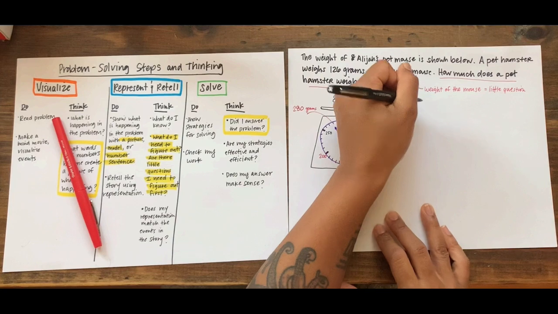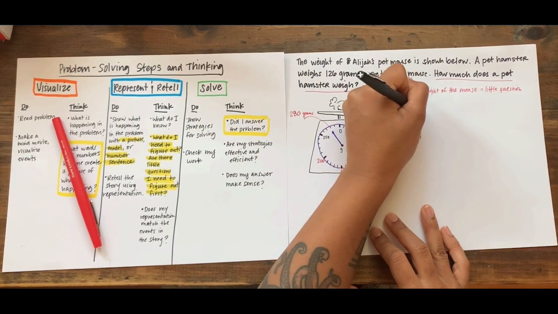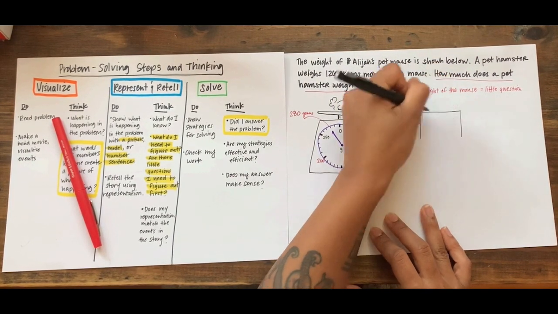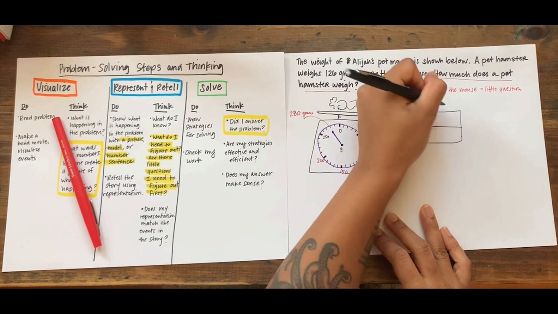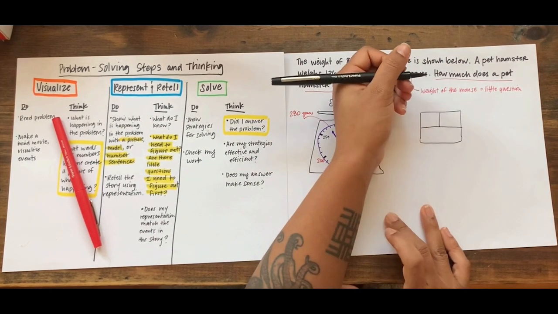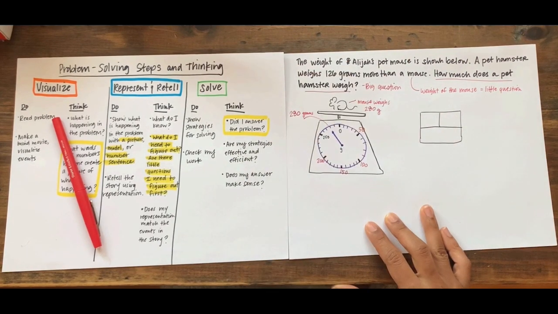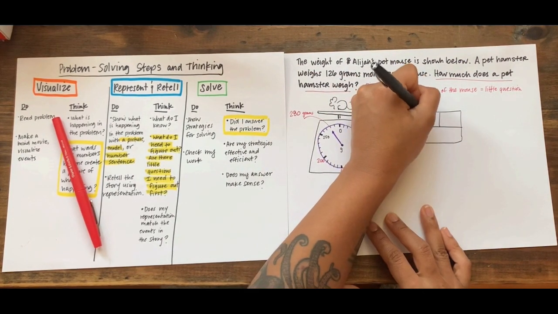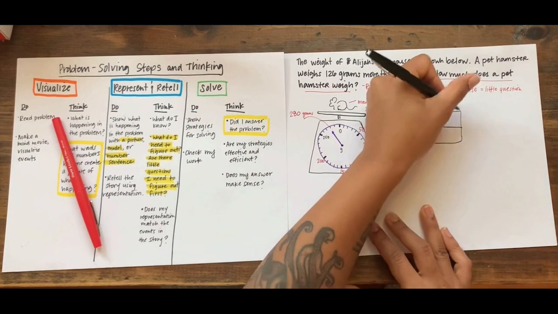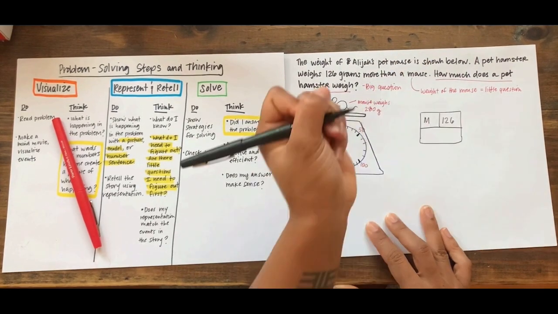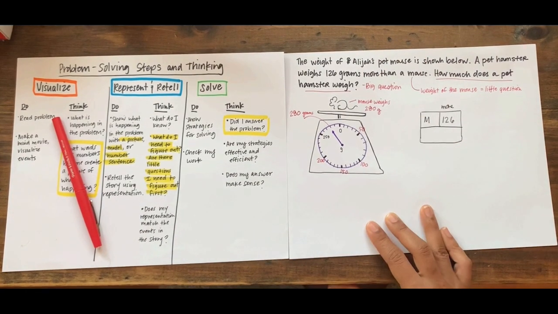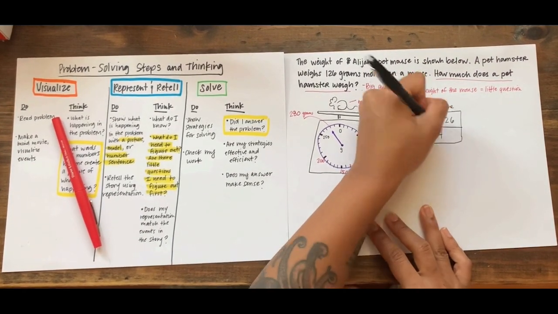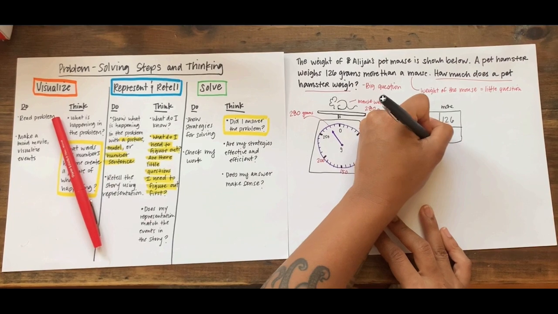I heard friends say that they represented using a tape diagram. They wrote that M, the weight of the mouse, plus 126 grams, which is the amount more that the hamster weighs, is going to give us H, the weight of the hamster.